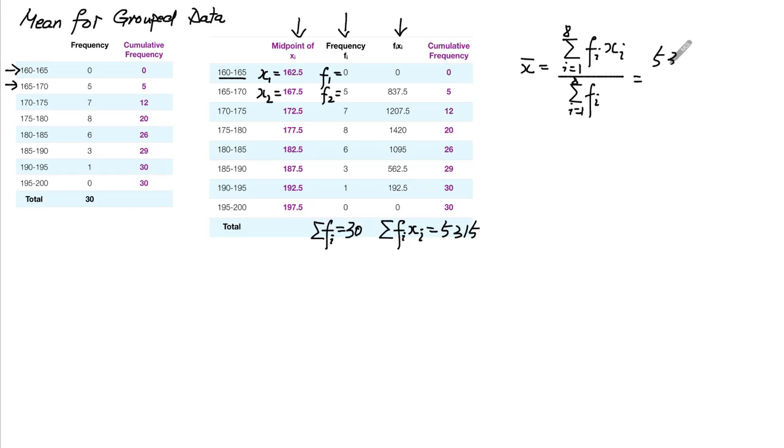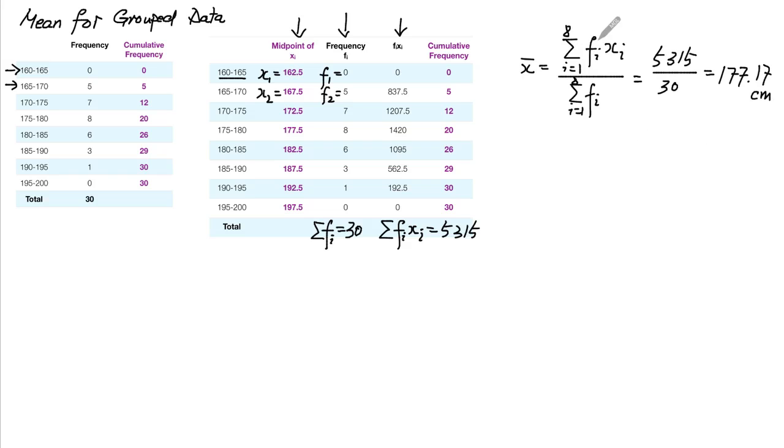So using these two sums, I'm going to compute my mean here. It'll be 5,315 divided by a total of 30 males. And if I make that calculation, I get 177.17 centimeters. Okay.